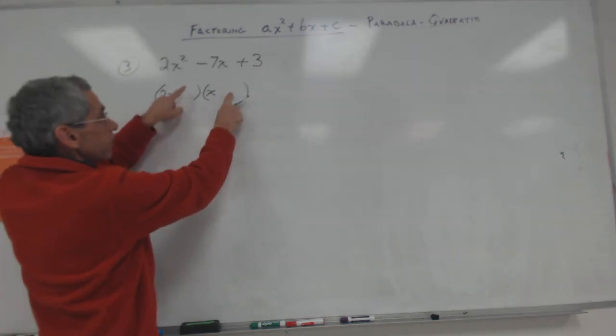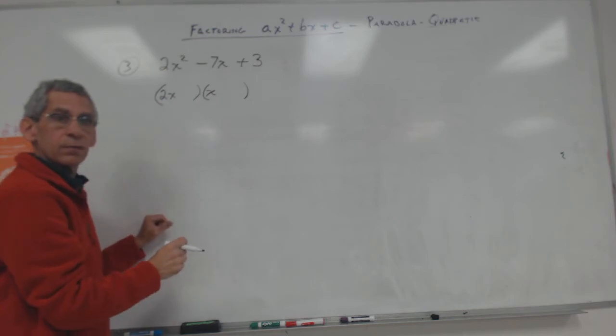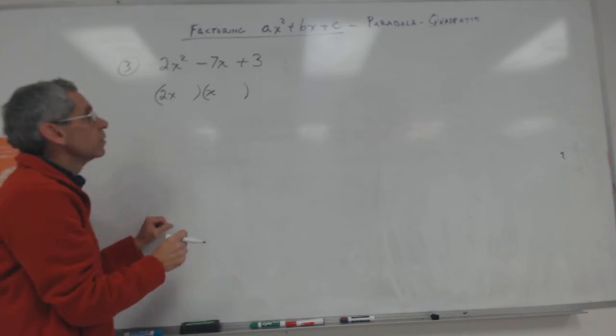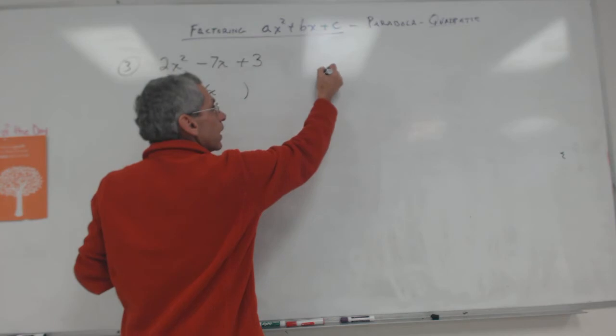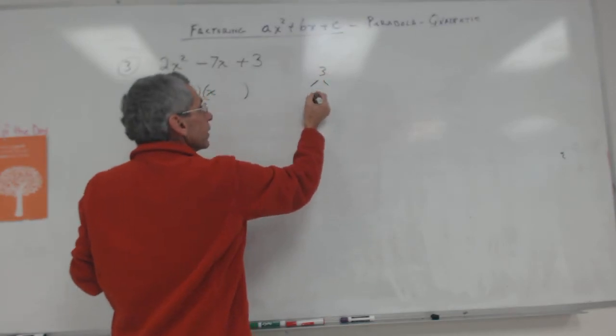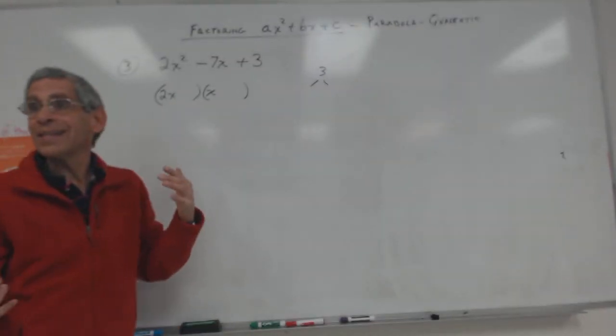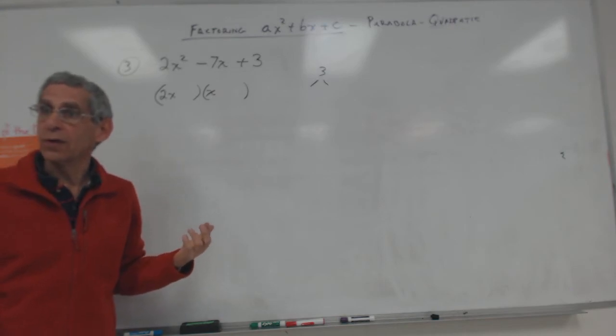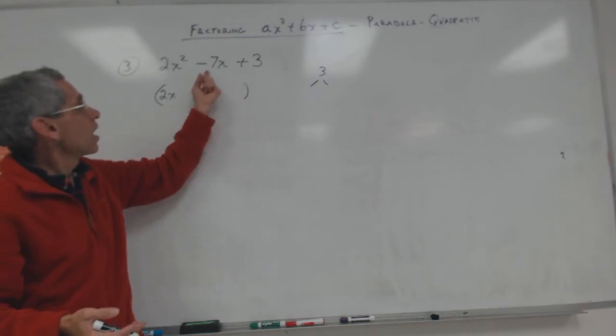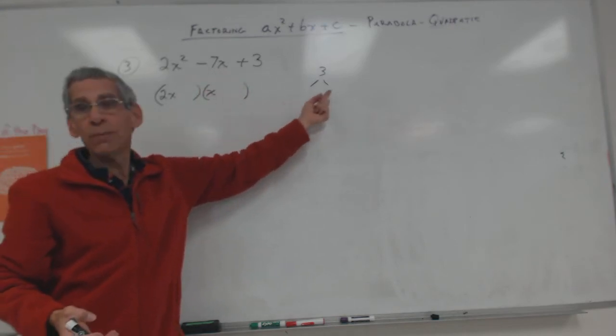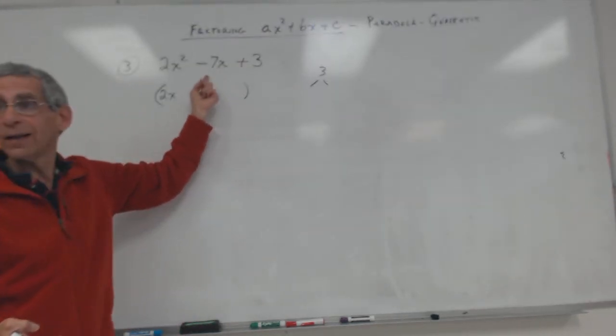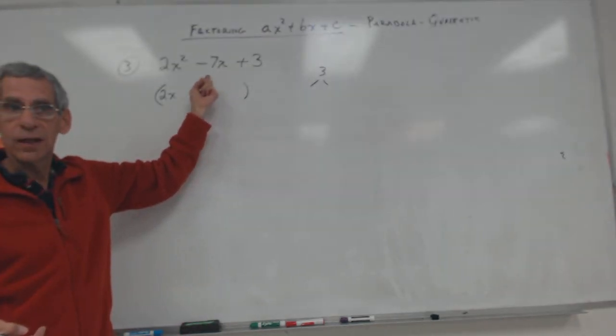Because that's going to be your last term, right? Then you're gonna have to use negative numbers. So the thing is, we've got to find factors of 3 that add, well, but in this case, we can't use that trick anymore because it's not going to add to this. 3 plus 1 is not going to be negative 7. You see what I'm saying?